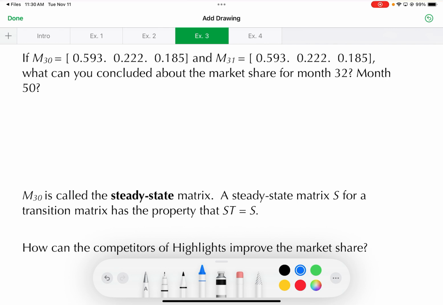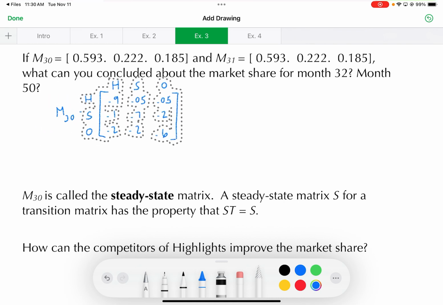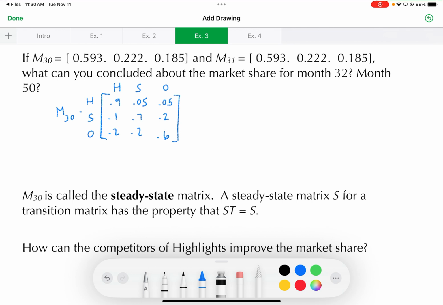Okay, well, think, if I take M30 and I'm multiplying that by the original transition matrix, that should give me M31, right? And M31 turns out to be the same matrix.